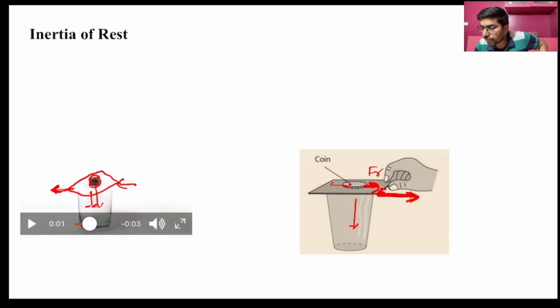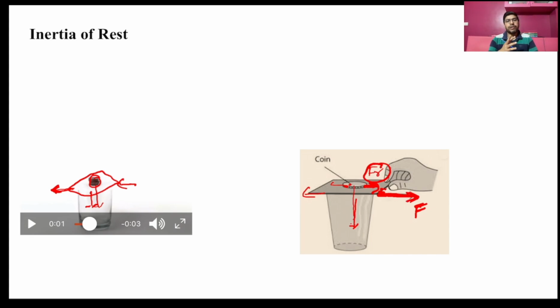And here the force applied by you on the card can be maintained by the friction force, right? That's why this coin will move. But if we move the card quickly, in that case we apply a huge force on this card, and at that time friction will not be able to maintain that much force. That's why the coin will fall down into the glass.